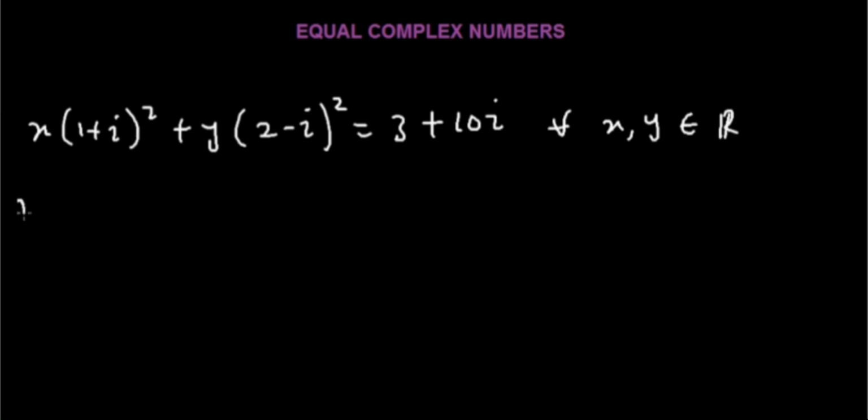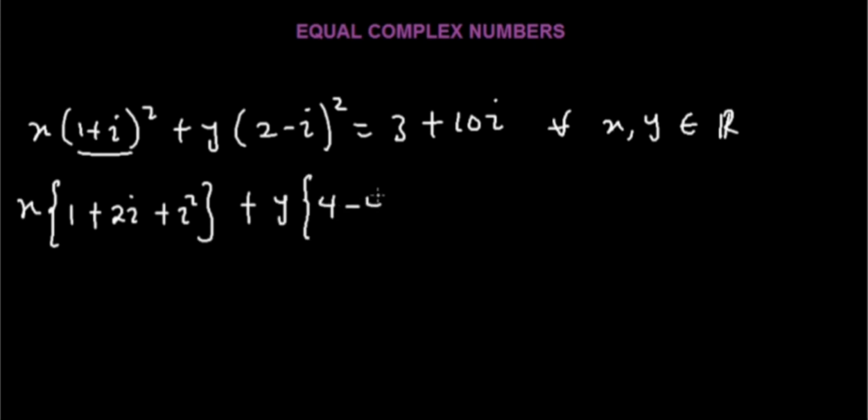So we have x here. Let's expand this one. Expanding it as a power of 2, I will have 1 plus 2i plus i squared. If I properly expand that, I will have y for this one also: 4 minus 4i plus i squared, then equals 3 plus 10i.